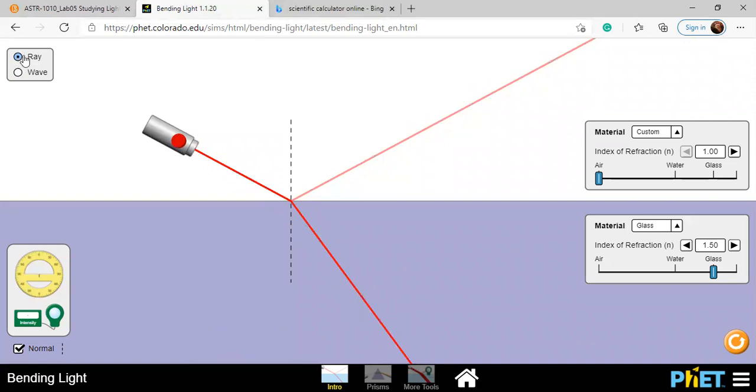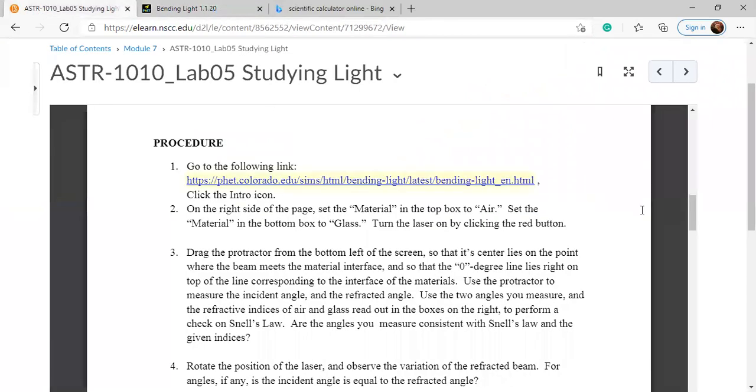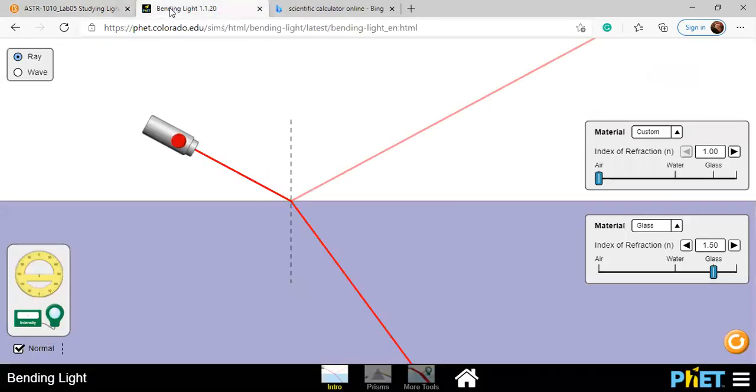After setting all these things, your goal is to observe by putting air as the material for the first medium and glass for the second medium. Now you can measure the angle of incidence and angle of refraction.